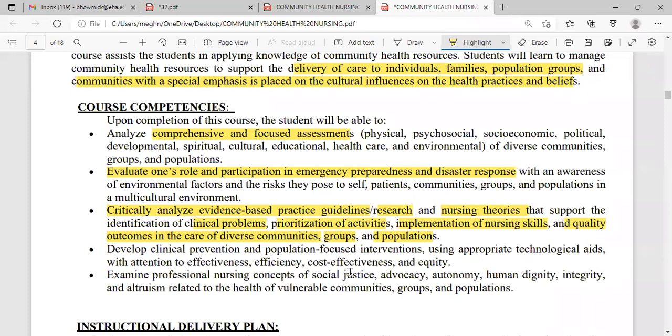So we apply it. Develop the clinical prevention and population-focused intervention using appropriate technological aids with attention to effectiveness, efficiency, cost-effectiveness, and equality. Wonderful, right, my friend?